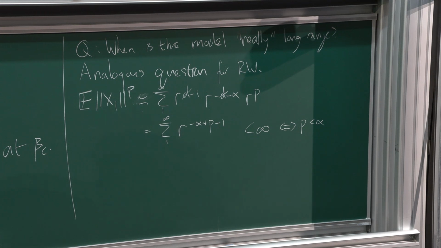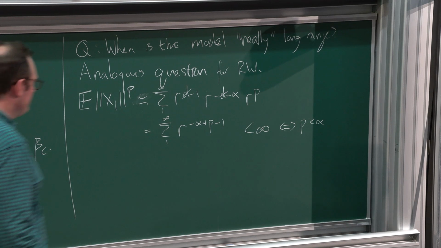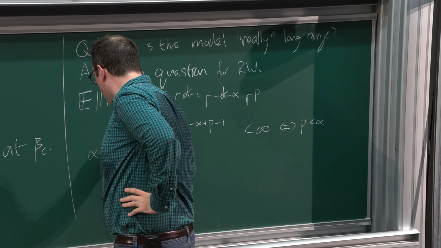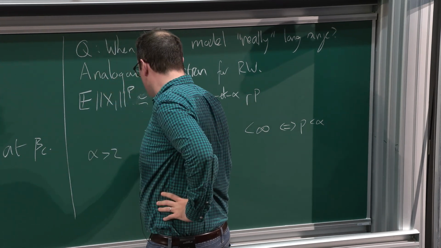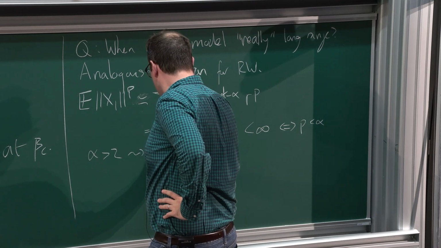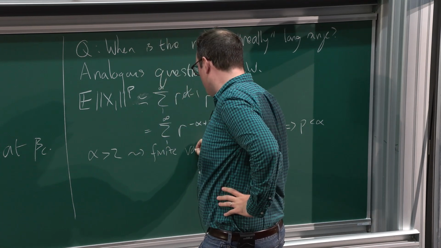So this is one reason why I think this particular parameterization in terms of alpha is nice. Alpha is just the number of moments that you have if you follow one step of the associated random walk. Now, in particular, if alpha is bigger than 2, you get finite variance, or finite second moments.